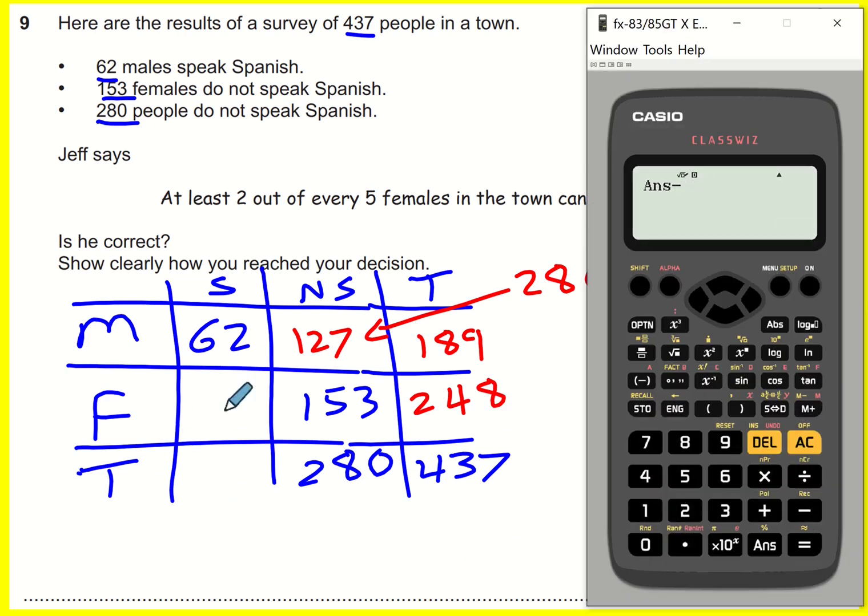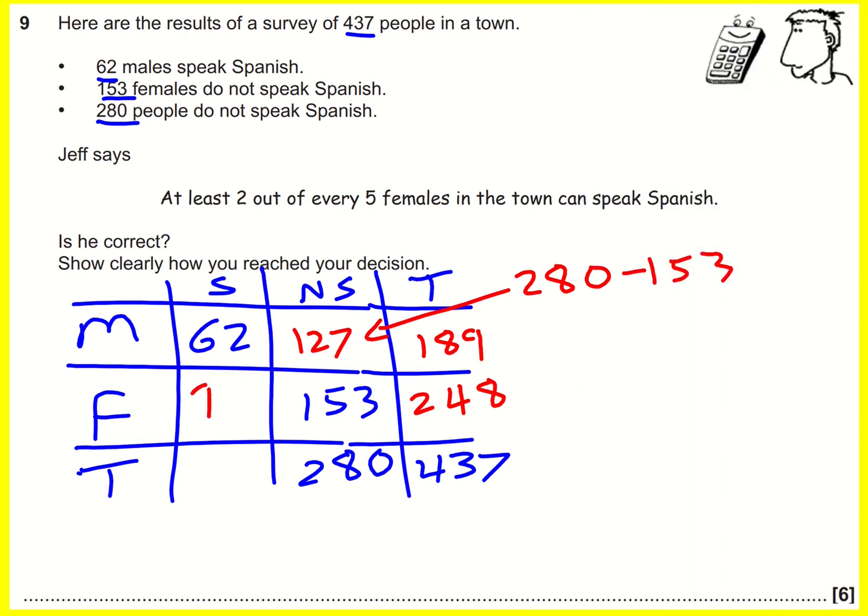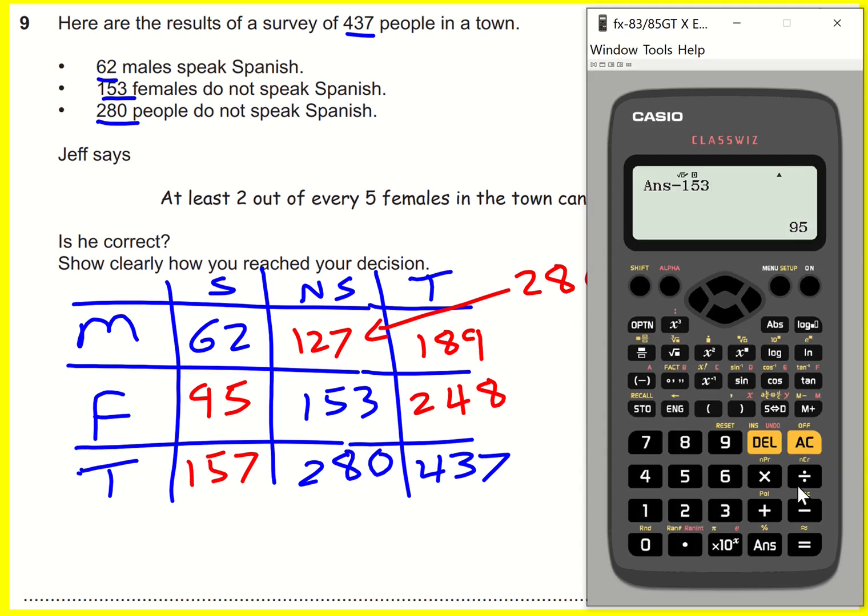I can now work out the number of females who speak Spanish by doing that number 248 minus 153, 95. And then I can add these two together, which gives me 157. If I want to be absolutely sure that this is all good, I can do 157 plus 280, and that should give me my 437.